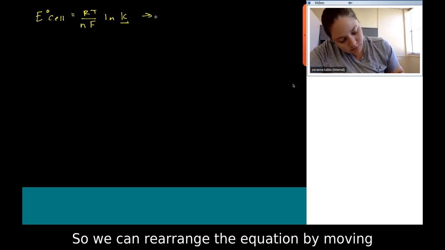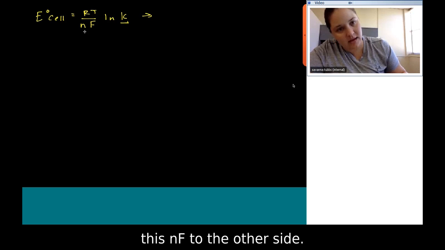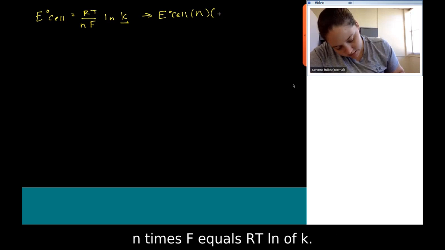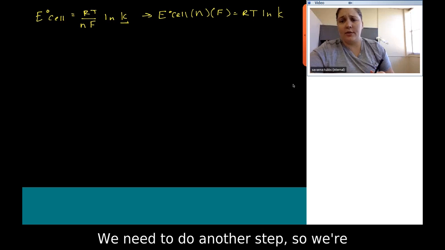So we can rearrange the equation by moving this NF to the other side. So we're going to have E cell times N times F equals RT ln of K. We need to do another step.